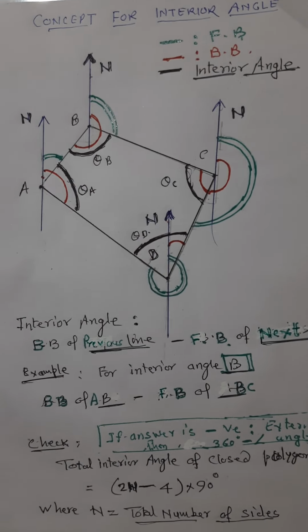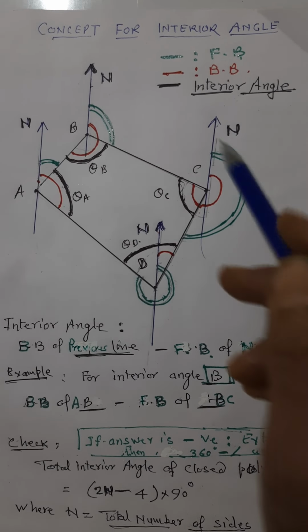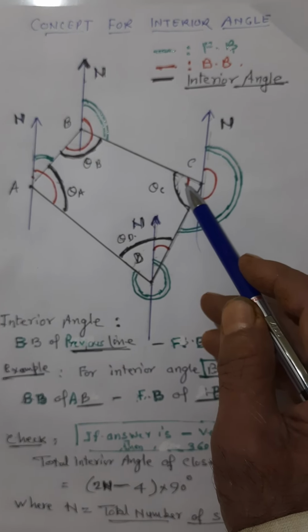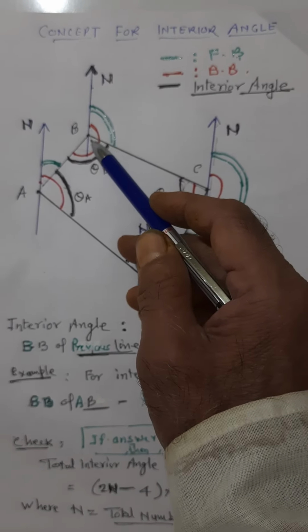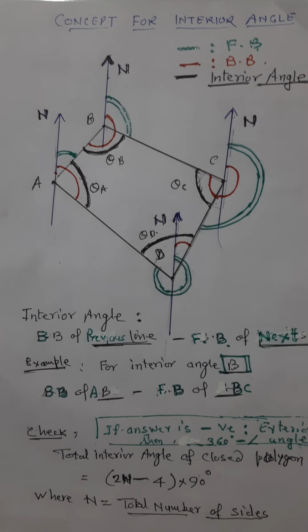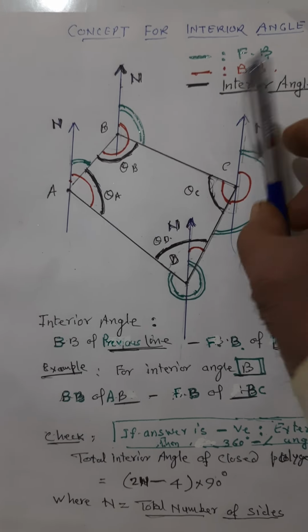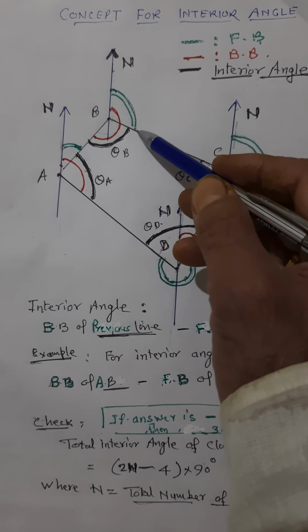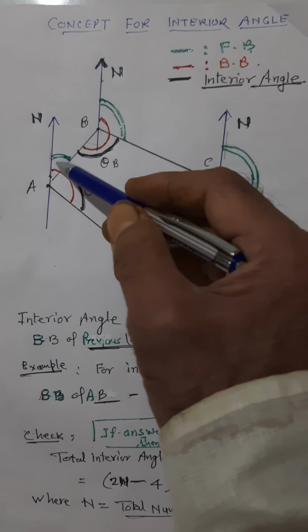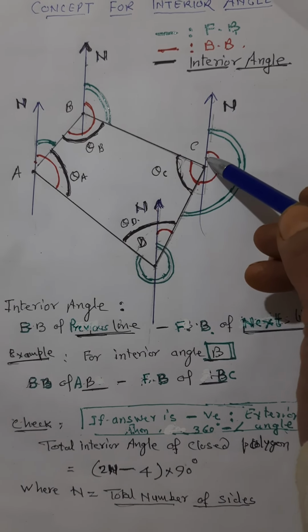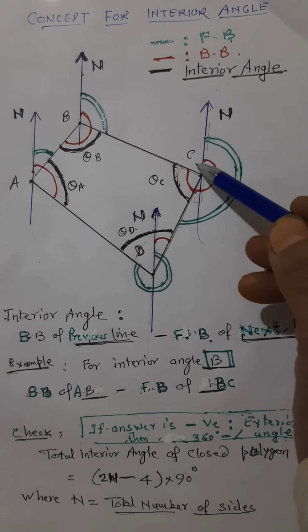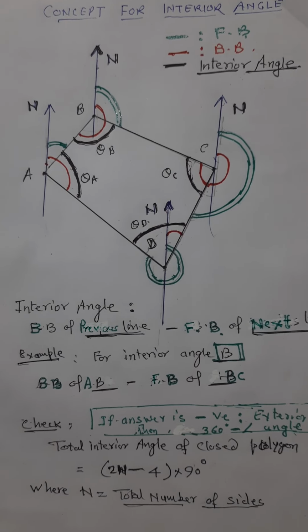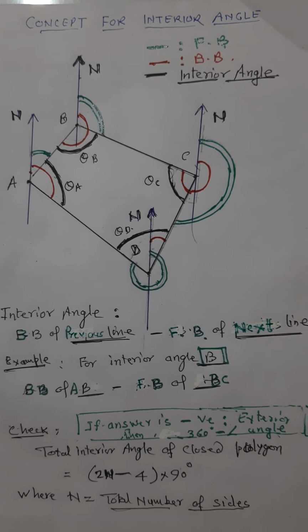So there are two aspects. We have to see the forward direction as well as the backward direction. So we will have to measure the foresight of the next station and the backsight for the previous one.